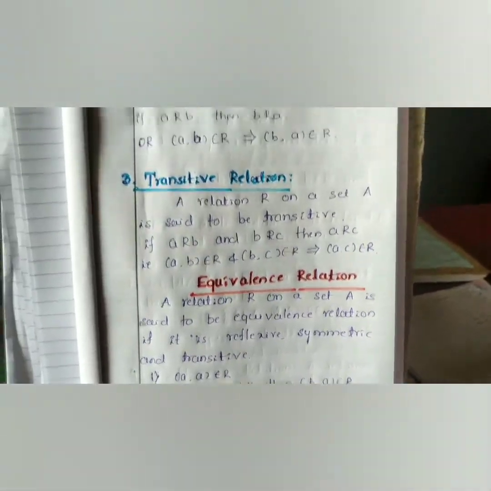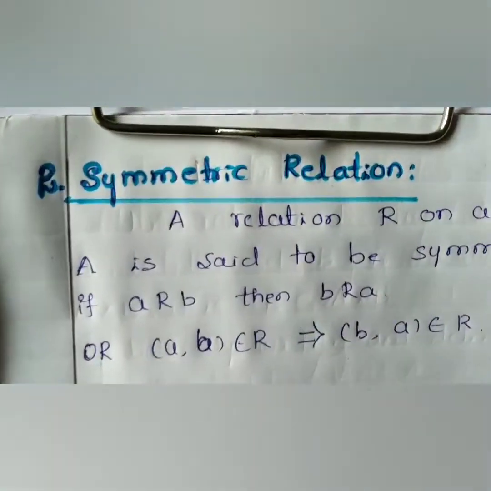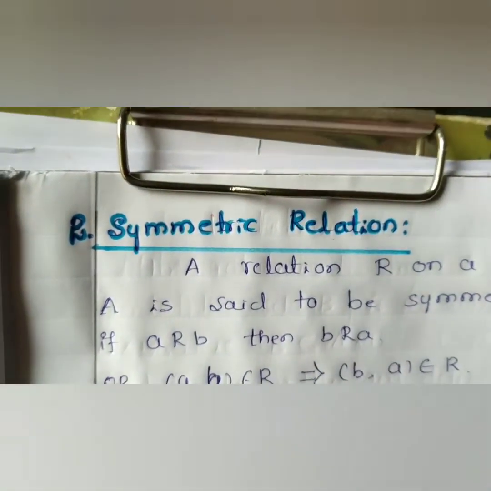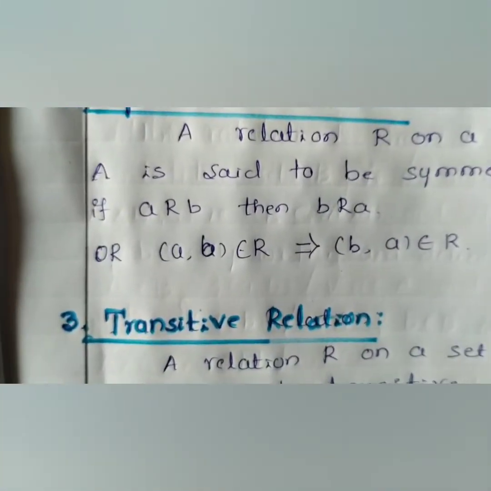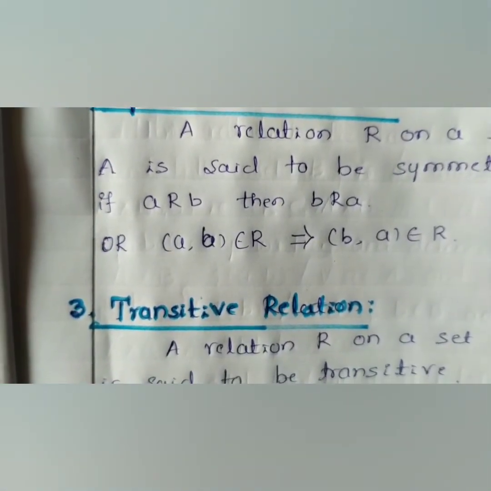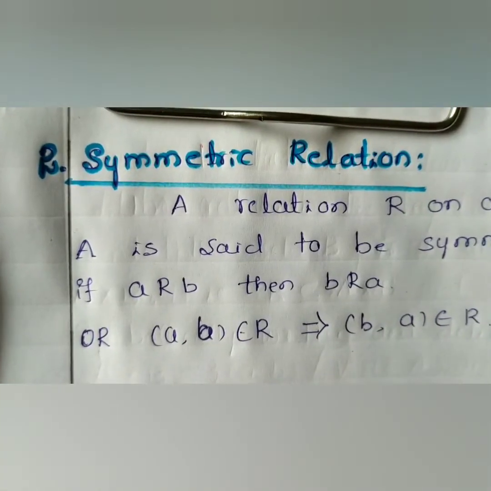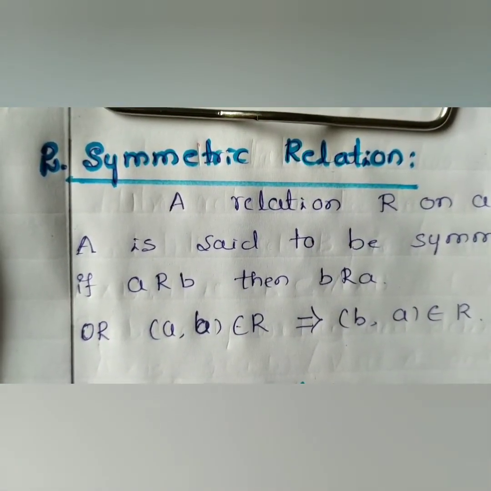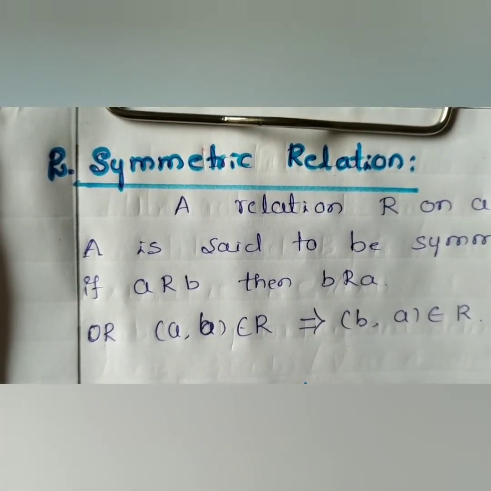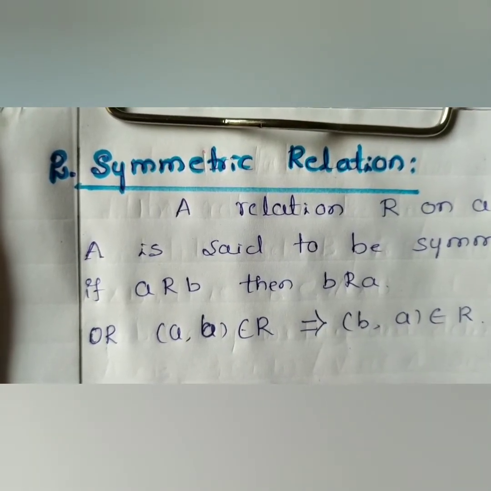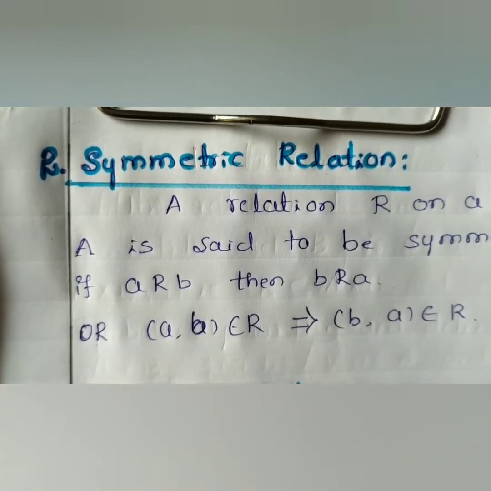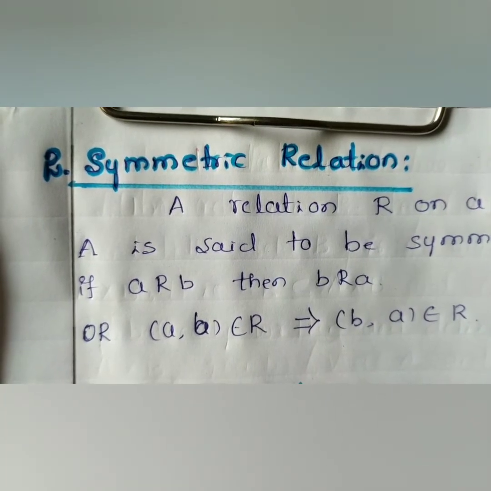So in this class, we covered the Cartesian product of two sets and examples on it, and thereafter the definition of a relation and the types of relations. In the types of relations, we covered in detail the reflexive relation, symmetric relation and transitive relation.